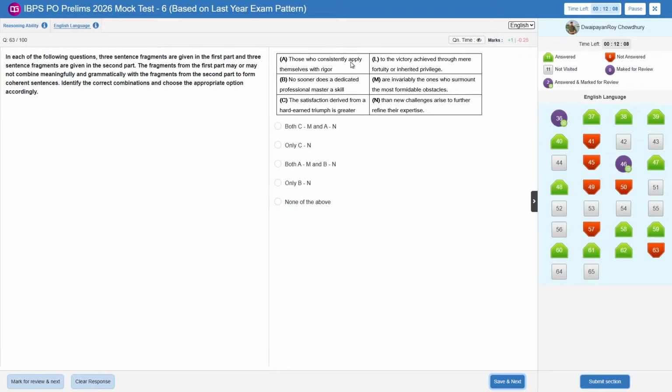Those who consistently apply themselves with rigor are invariably the ones who surmount the most formidable obstacles. So A and M are surely a pair. No sooner does, no sooner did.